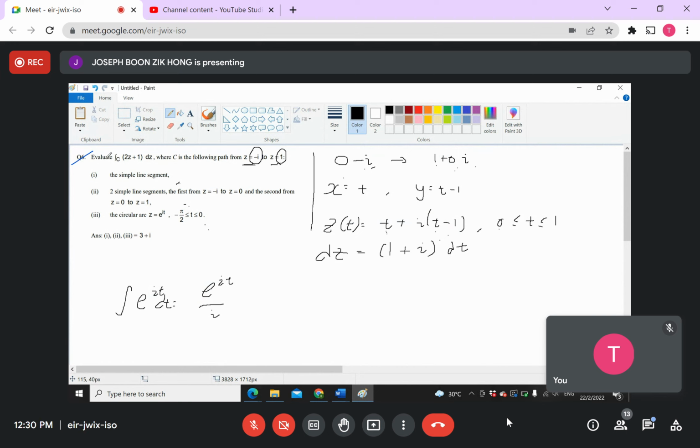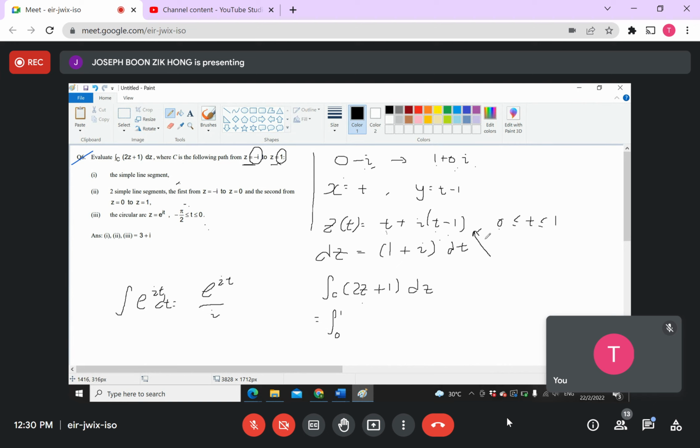So that means now, the integral of 2z plus 1 dz is equal to, c will be 0 to 1. No more z, you have to change your z to t here.